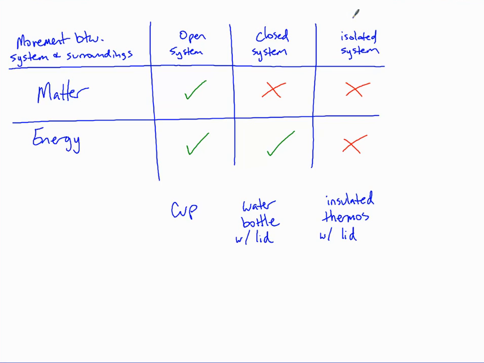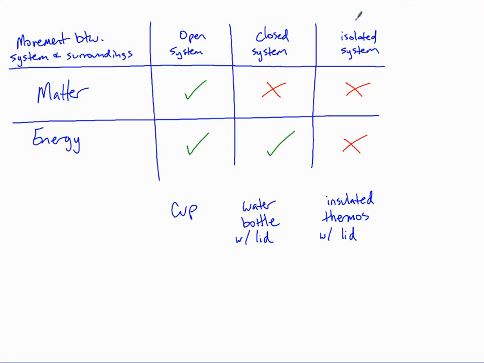Your last type is an isolated system. And in an isolated system, matter cannot move back and forth. There's no matter out. There's no matter coming in. Same with energy. There's no energy getting out of the system. There's no energy coming into the system.